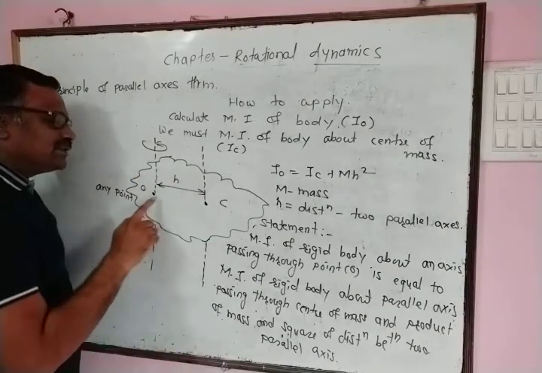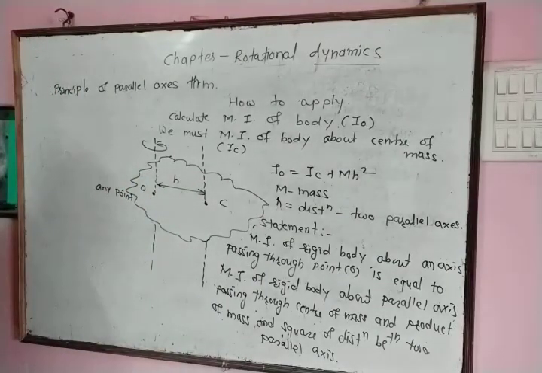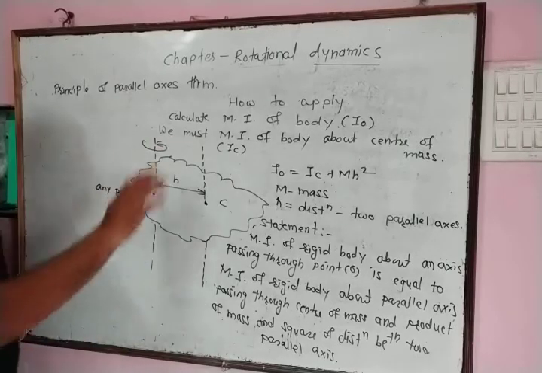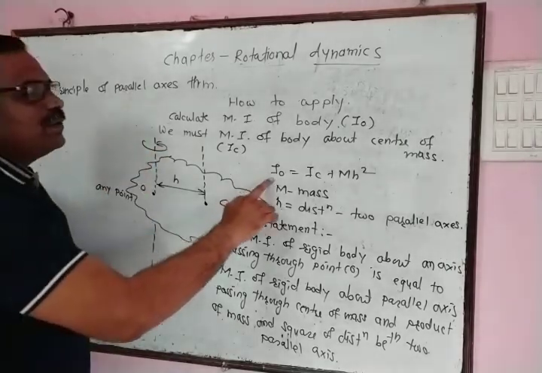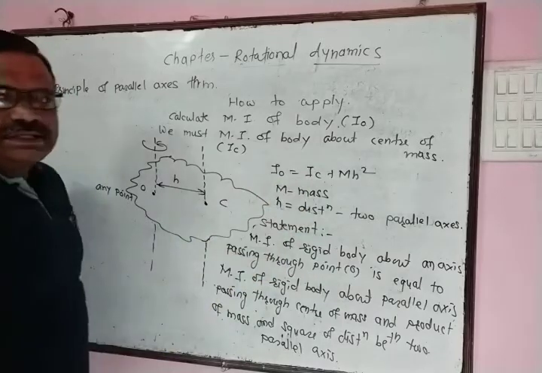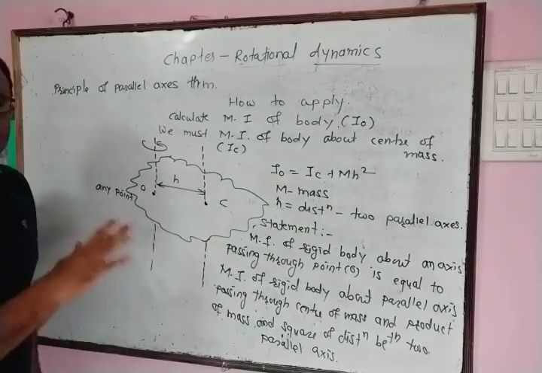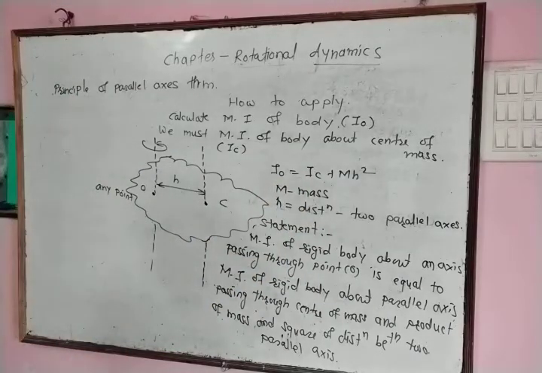Two axes must be parallel to each other, and by using this theorem, IO is equal to IC plus MR square. In this way, principle of parallel axis theorem.